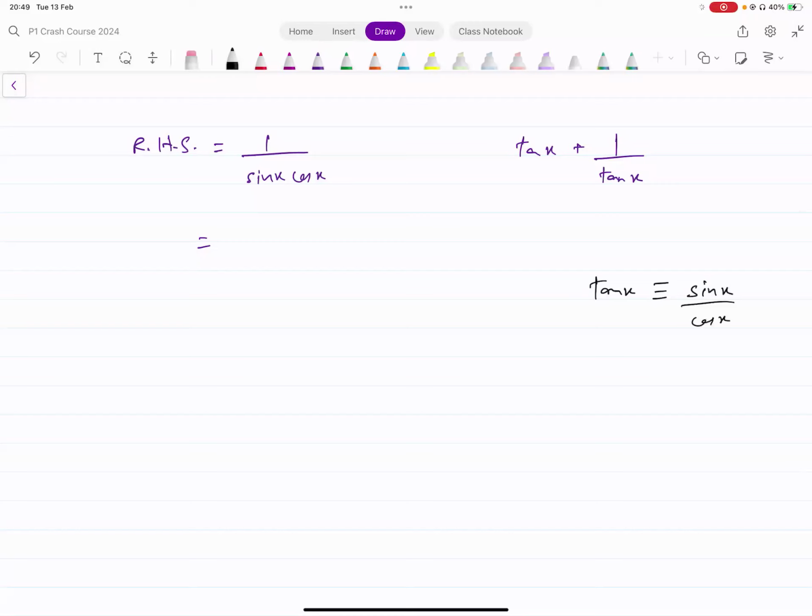What we can try doing here is we can say, let's write tan x into cos x identical to sine x here.